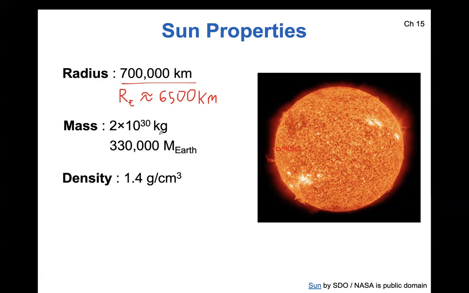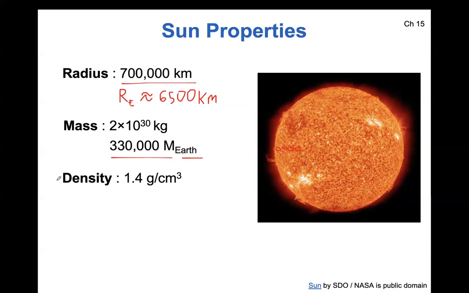The mass of the sun is 2 times 10 to the 30 kilograms, which is 330,000 times the mass of Earth. Even though it's only 100 times wider, it's way more massive. And that's because of that cubic relationship between volume and radius, and the fact that volume is directly proportional to mass.